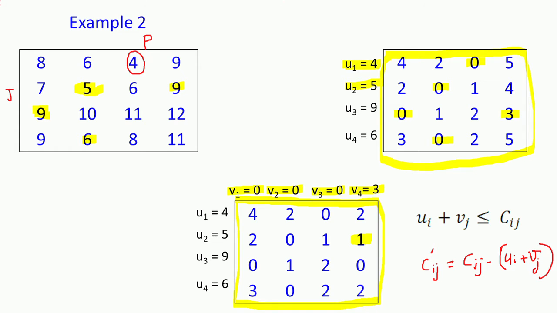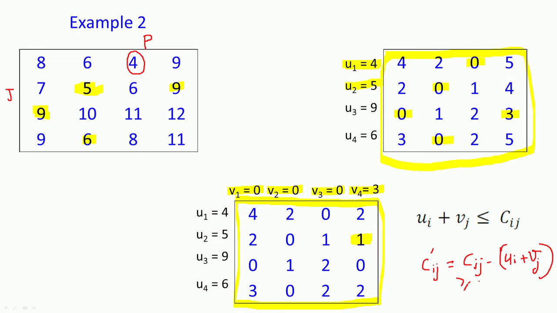And if the original matrix has all cost coefficients greater than or equal to 0, this C dash ij will be greater than or equal to 0.